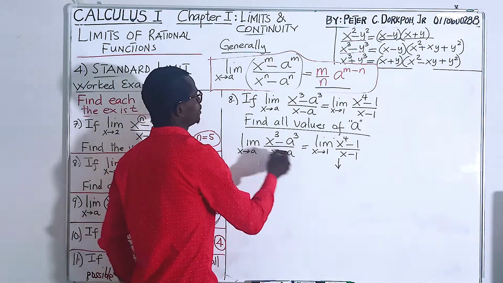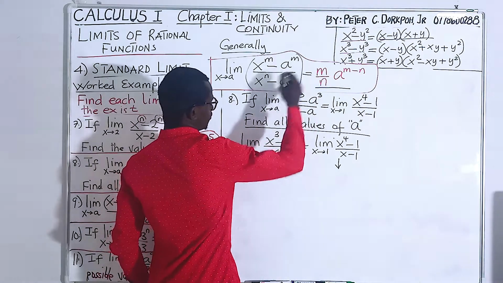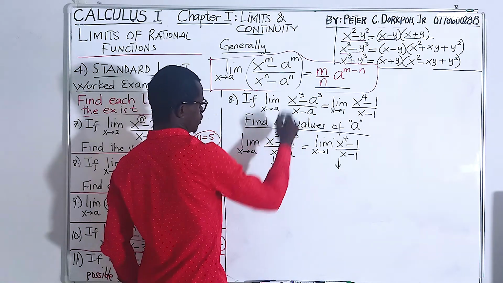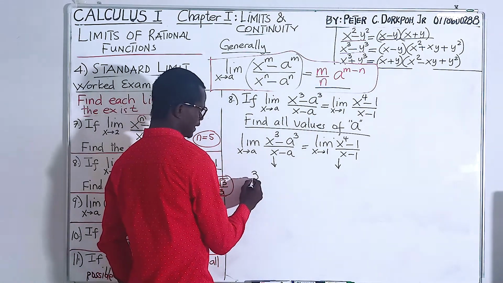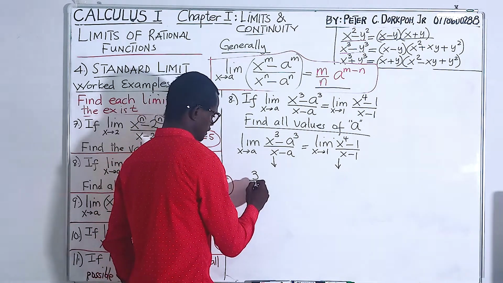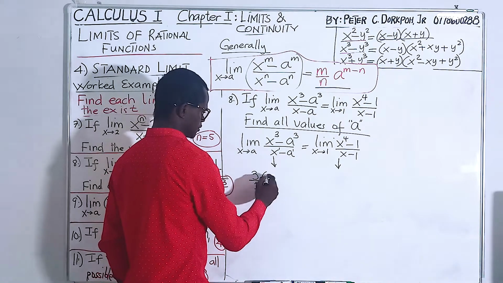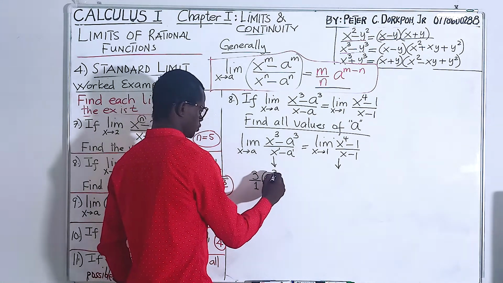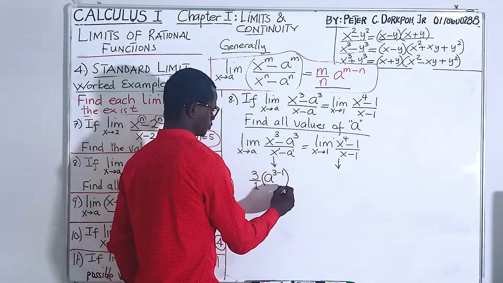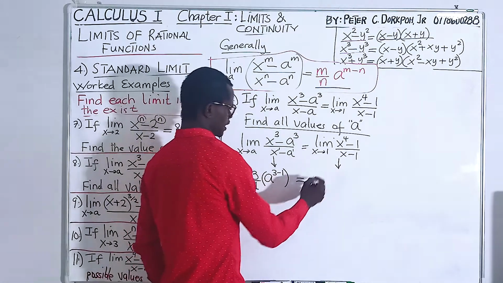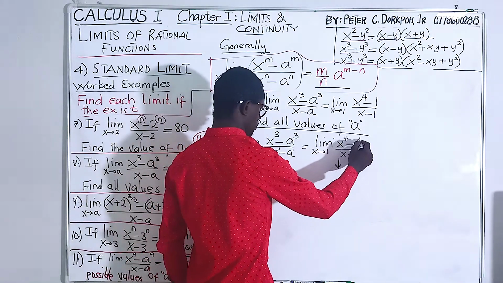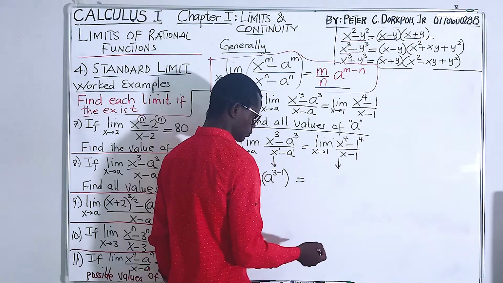So remember using the standard limit, in the standard limit form, we have the power of the numerator, 3, divided by the denominator's power, which is 1, times a raised to 3 minus 1, equals the same thing on this side. Now this 1 raised to the 4th power is the same 1.